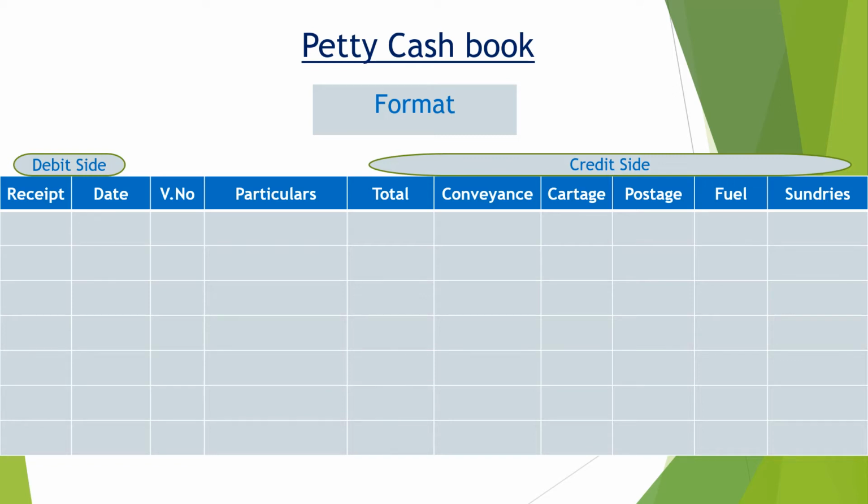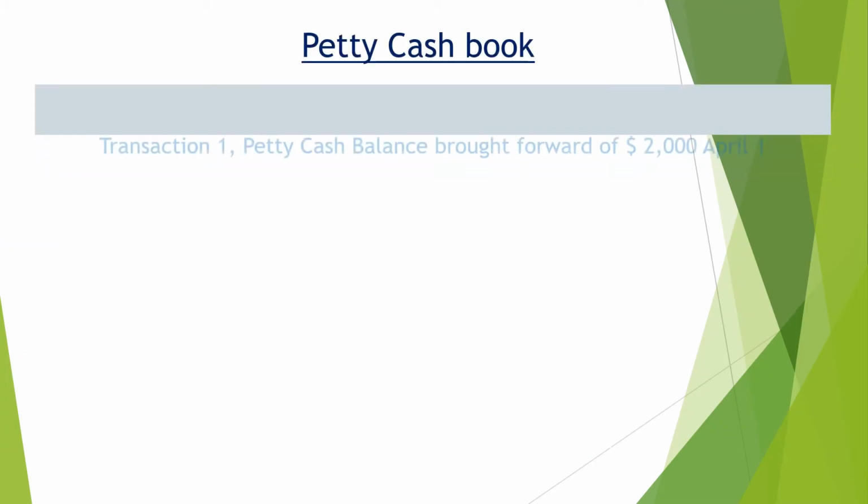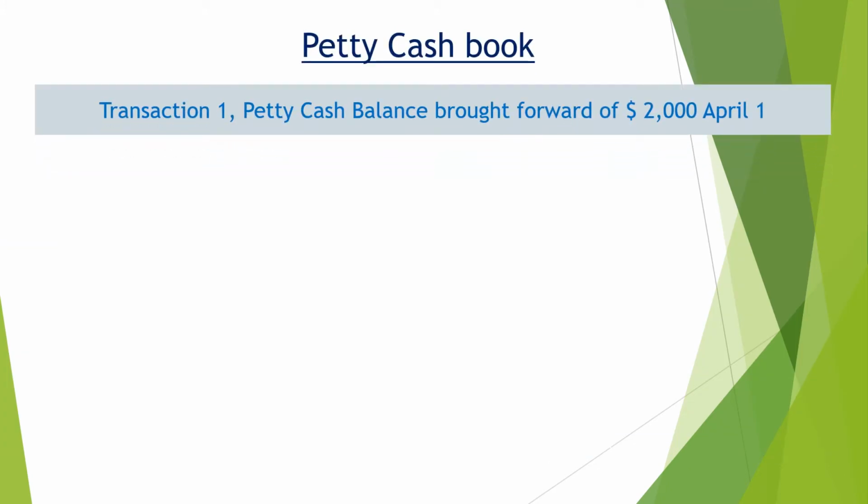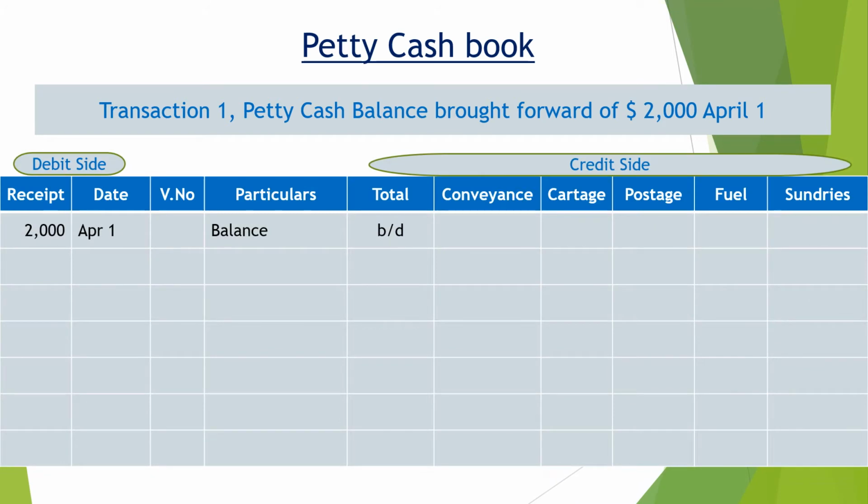Now we will have an activity of few transactions and procedures of recording them. The transaction number 1. There was a balance in petty cash which is a float. We can see that there was a balance in petty cash on April 1st.